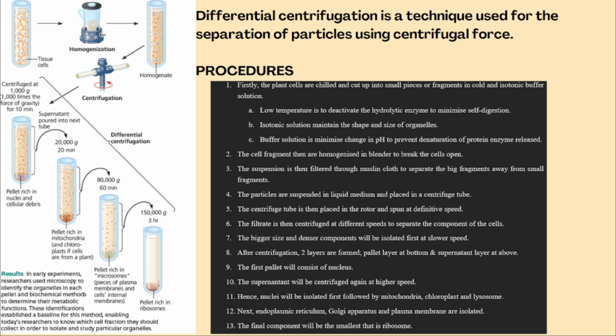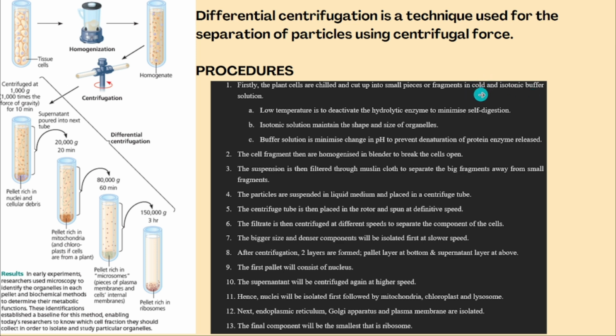Because I don't want the cell itself, I only want the components inside the cell. So you need to kill the cell, you need to break down the cell. Not necessarily a plant cell, any cell. Normally you cut the cell and place it in a cold, isotonic buffer solution first.